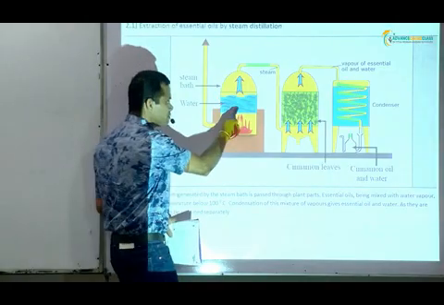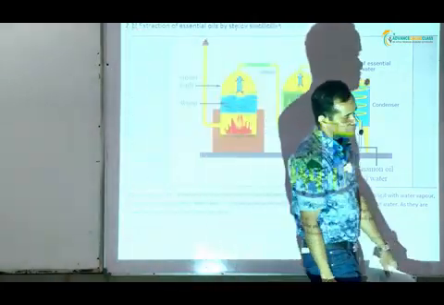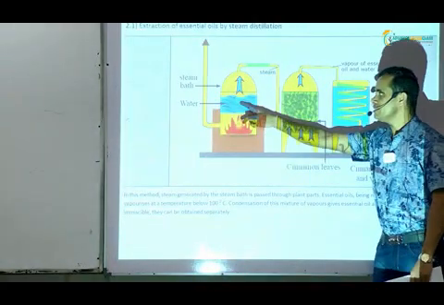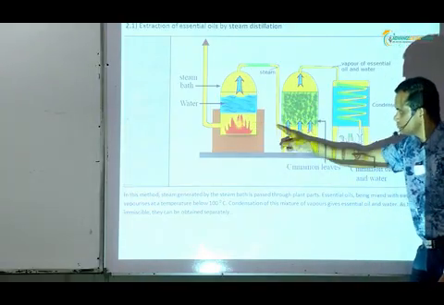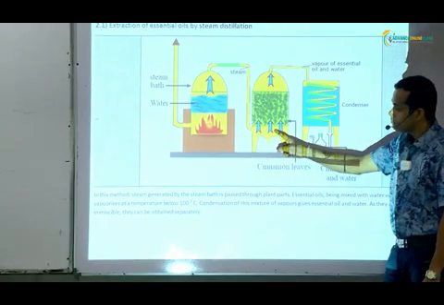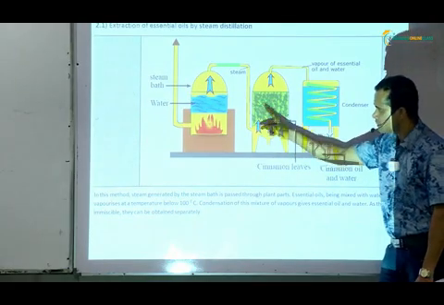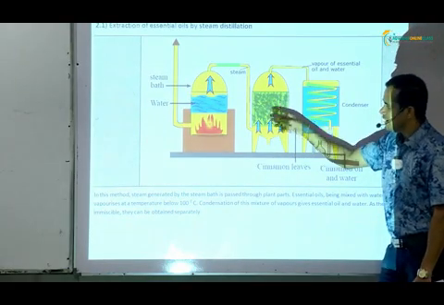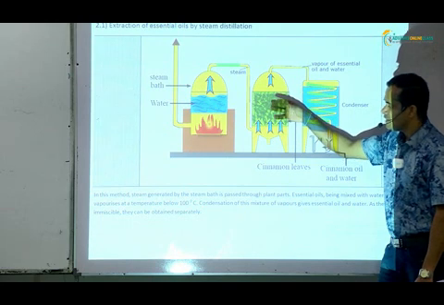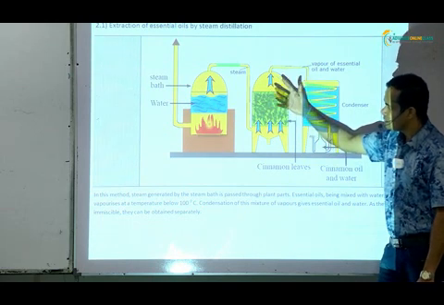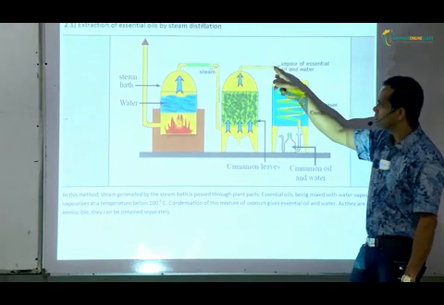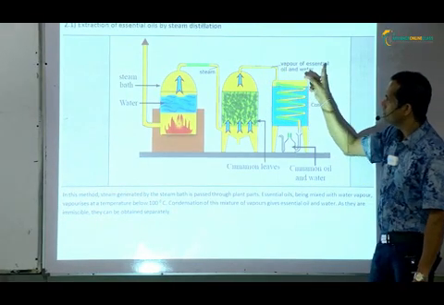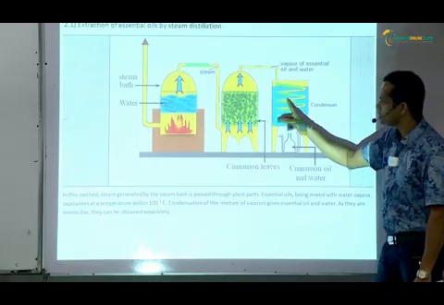Water is boiled to produce steam, and this steam comes through here and is passed through plant parts which are very small. The plant parts get heated and essential oils evaporate. Both water vapor and essential oil vapor come to this condenser.